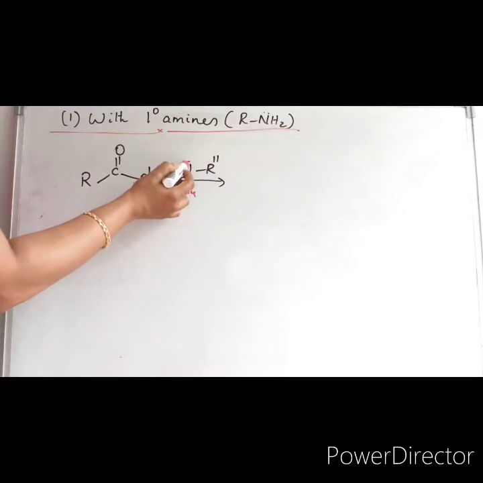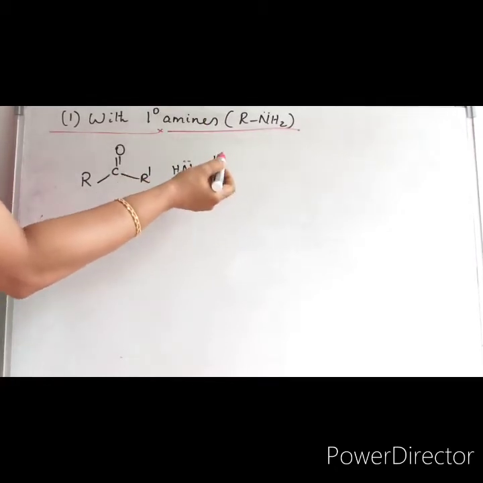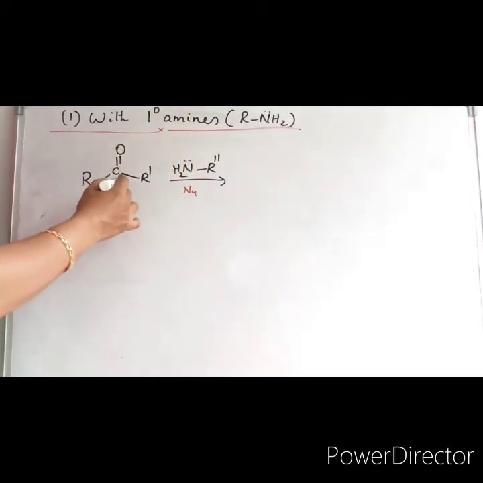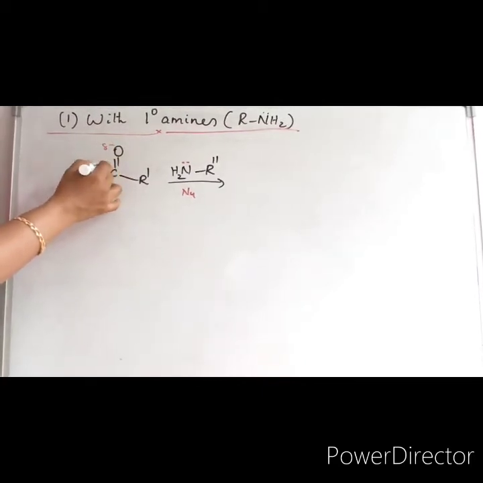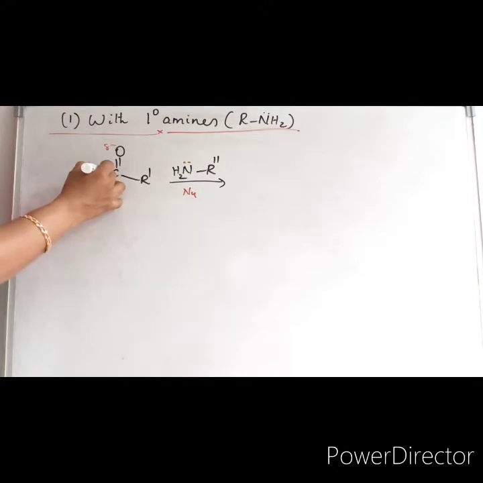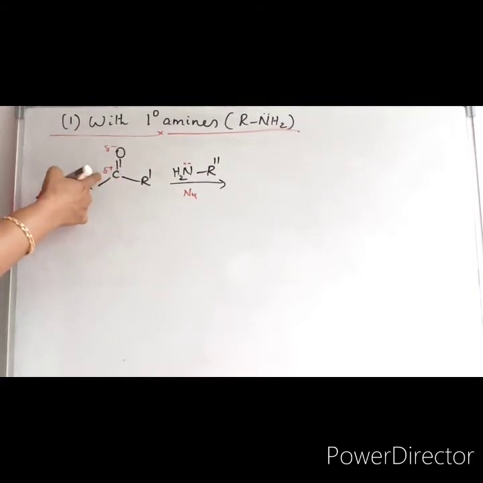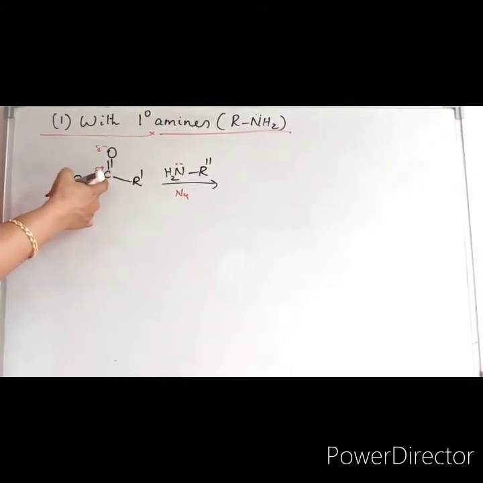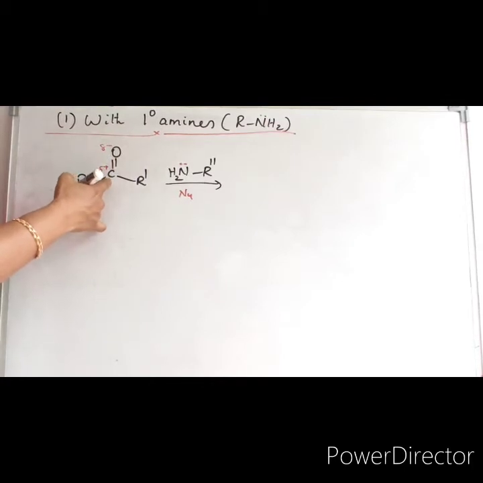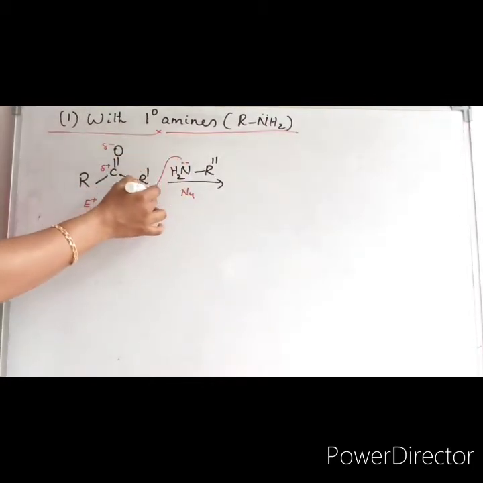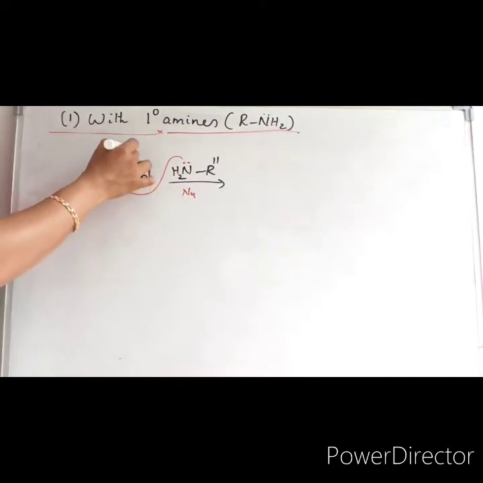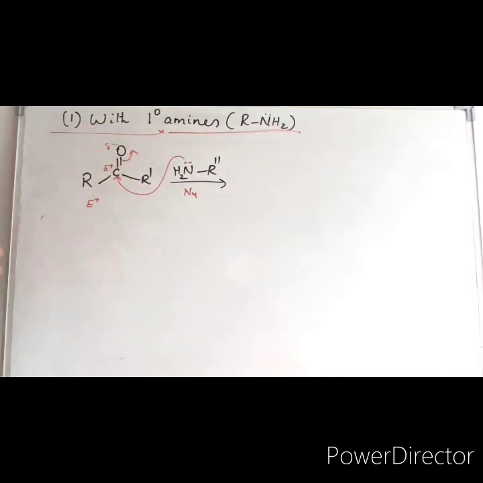The nitrogen lone pair will be attacking. As you know, in carbonyl compounds, the oxygen has a partial negative charge because of its electronegativity, and this carbon has a partial positive charge. So this carbon is electron deficient, and carbonyl compounds are electrophiles. So the nitrogen will attack here and the pi bond will be shifted like this.